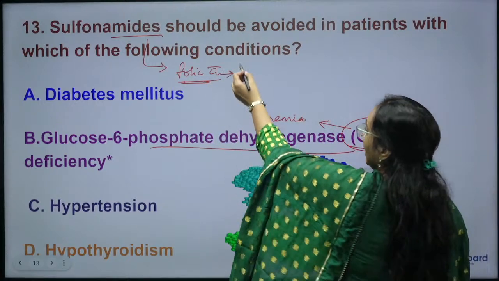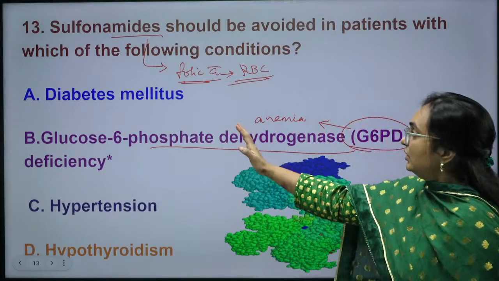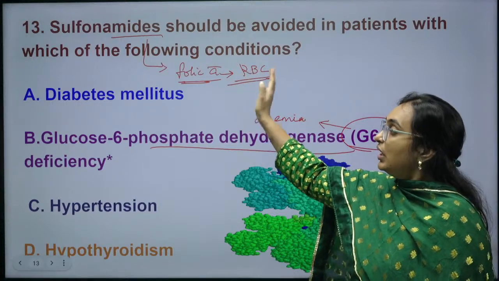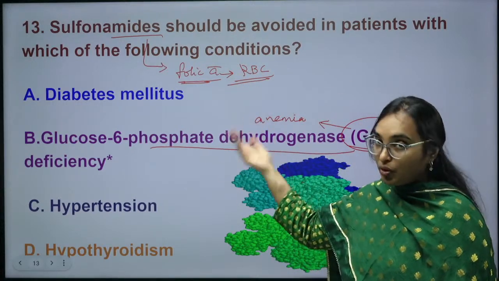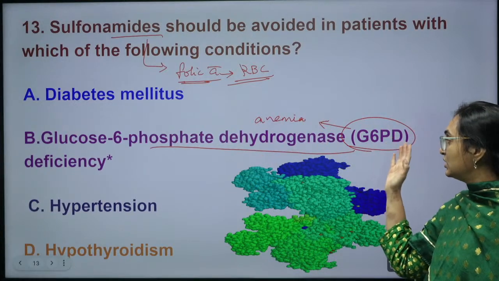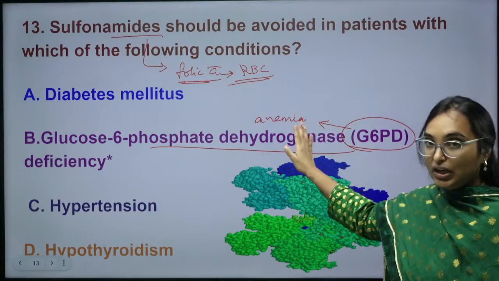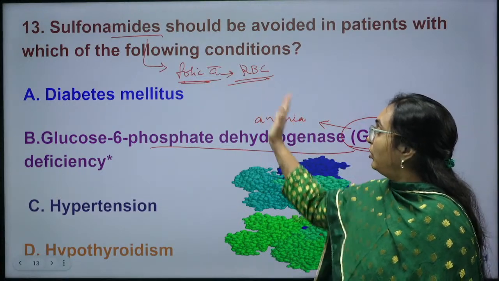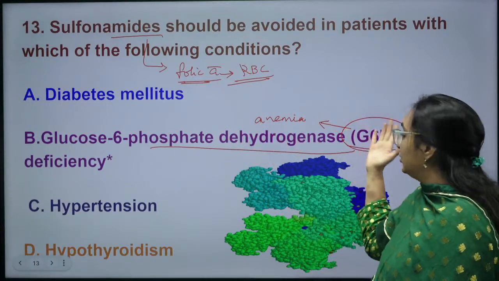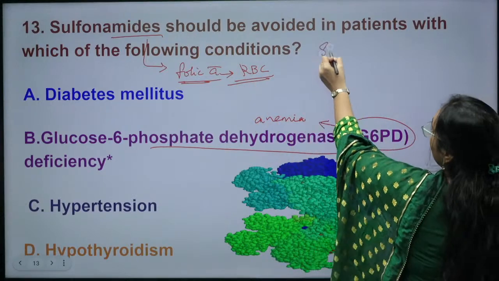So here the RBC will be affected. If a person is taking sulfonamides, their RBC is compromised, and on top of that, if the person has G6PD deficiency, he already has an anemia problem. So this problem will be increased if a G6PD deficient person takes drugs like sulfonamides.